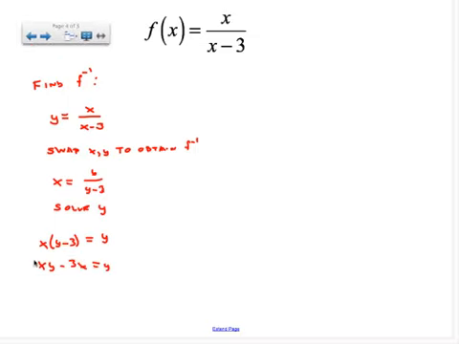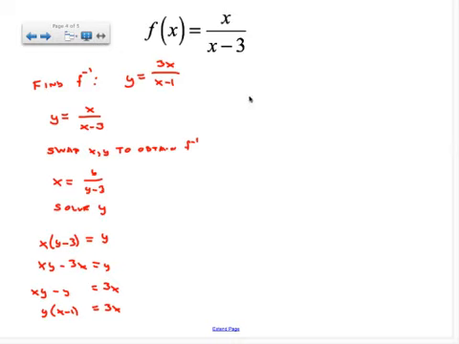The trick here is to get the y's on the same side, because that's what I want to solve for. So I have xy minus y equals 3x. I factor out a y, and I get x minus 1 inside the parentheses, and 3x over here. And so my final line here is that f inverse is y equals 3x over x minus 1.